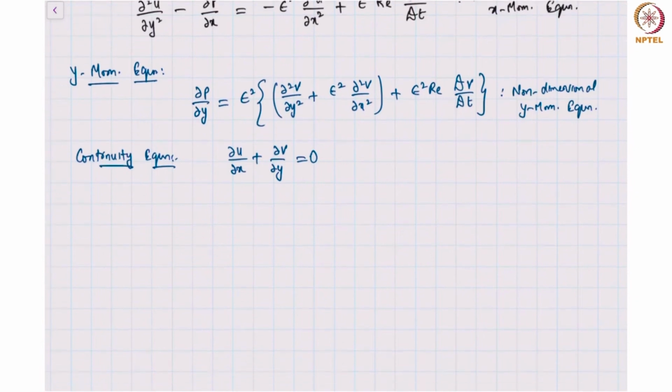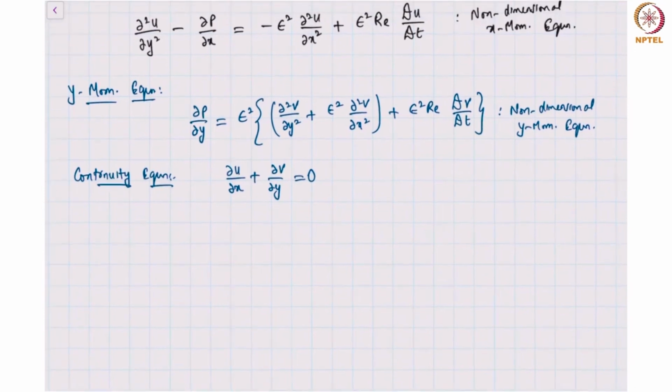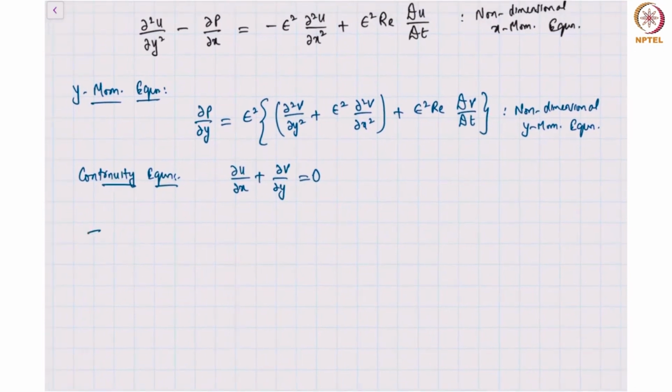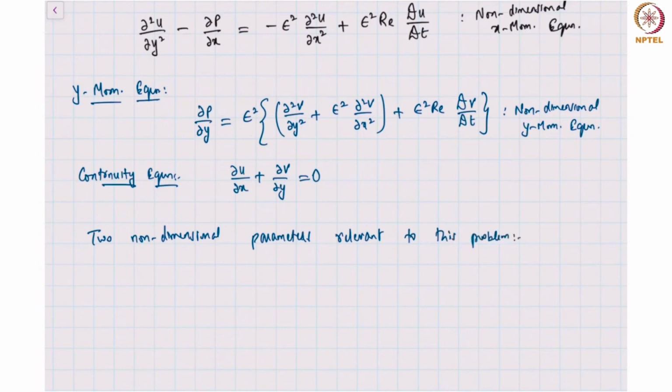If you notice here, there are 2 non-dimensional parameters relevant to this problem, that is epsilon and epsilon square Reynolds number.